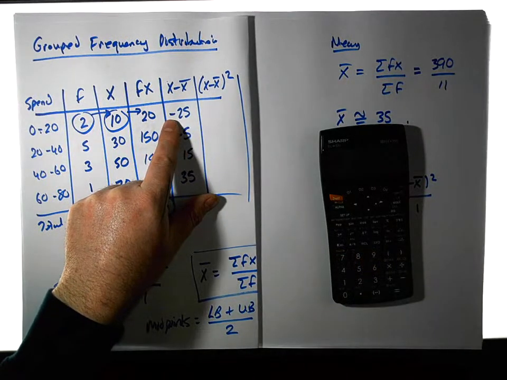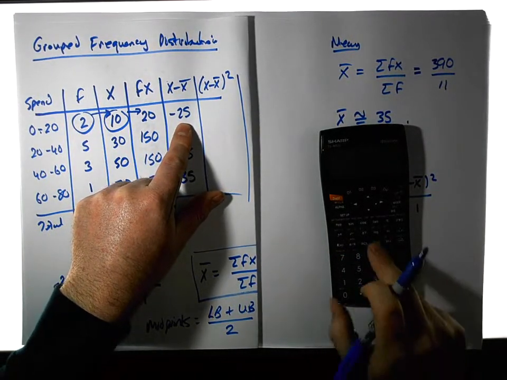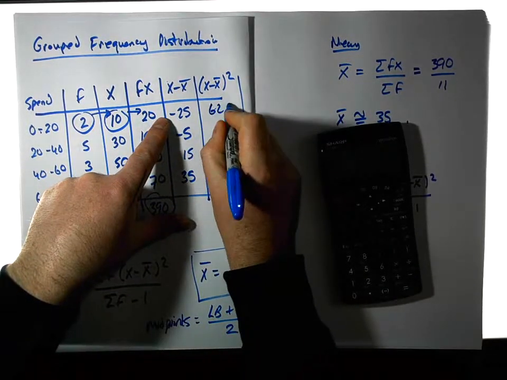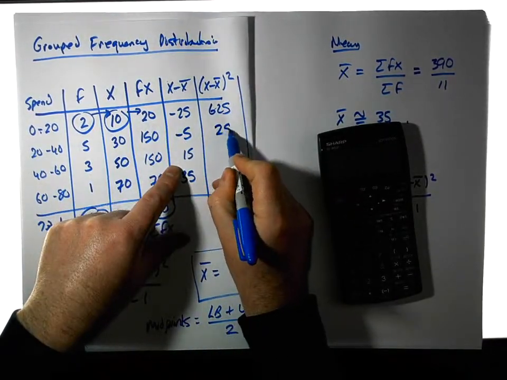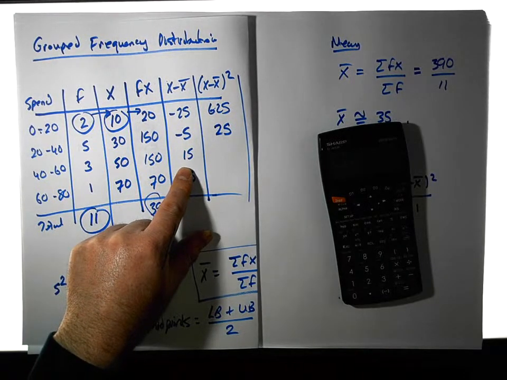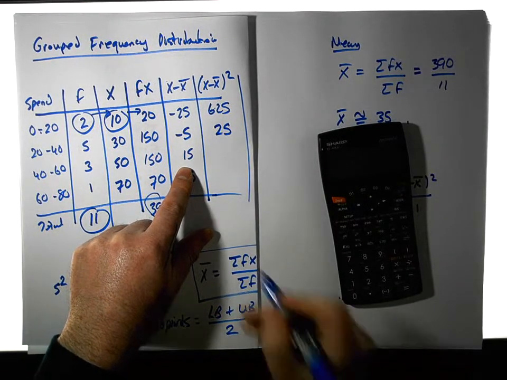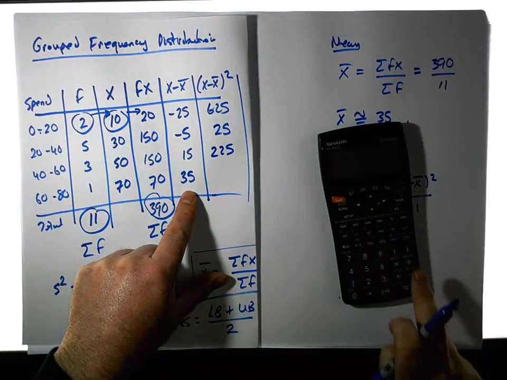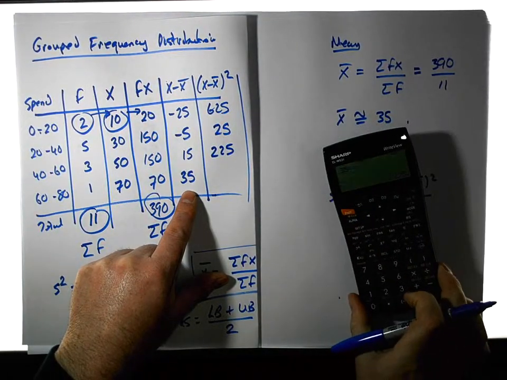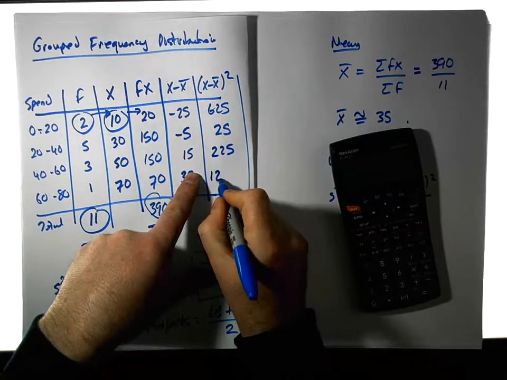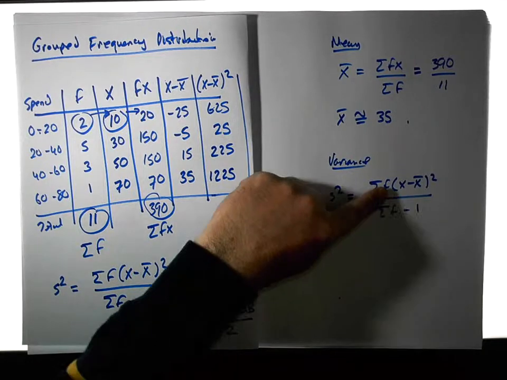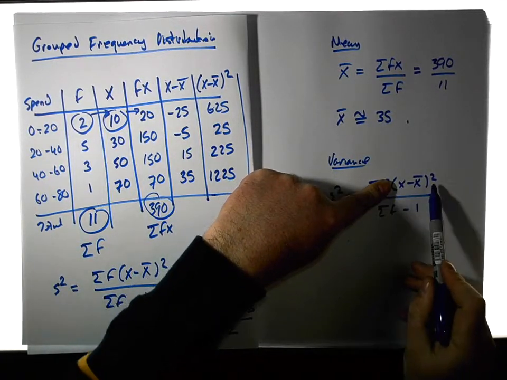Don't forget, negatives times negatives are positive, so we're not going to worry about that. 25 squared is 625. 5 squared is 25. 15 squared is 225, and then 35 squared is 1,225. Okay. So now what we've calculated is x minus x bar squared.